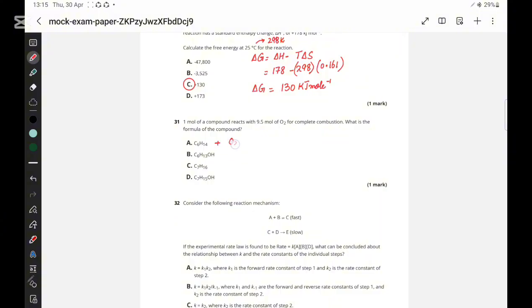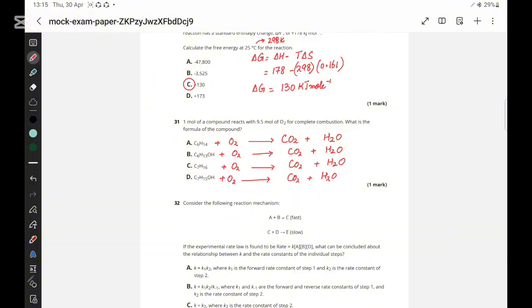The compound plus O2 is going to form CO2 plus water, since during complete combustion CO2 plus water is formed. Again, plus O2, it is going to form carbon dioxide plus water, for each option.